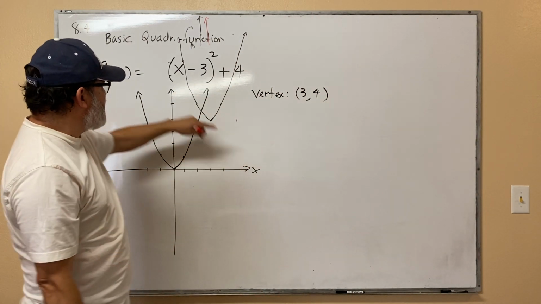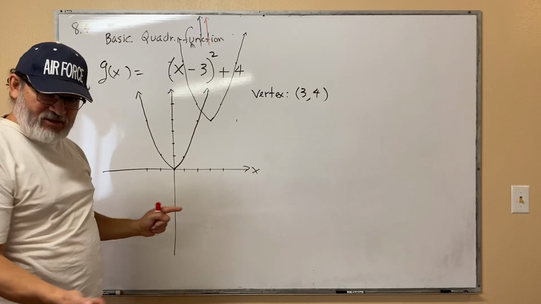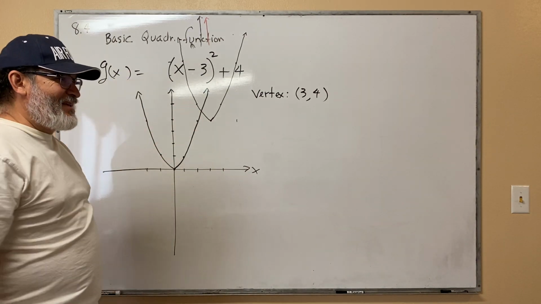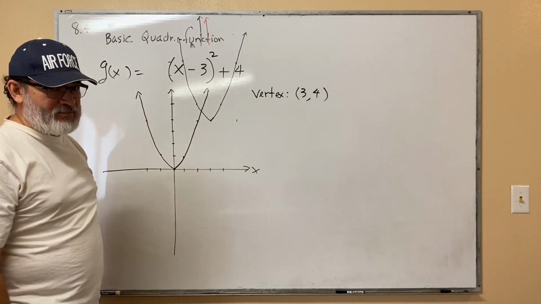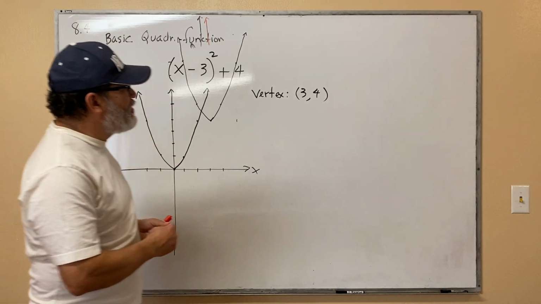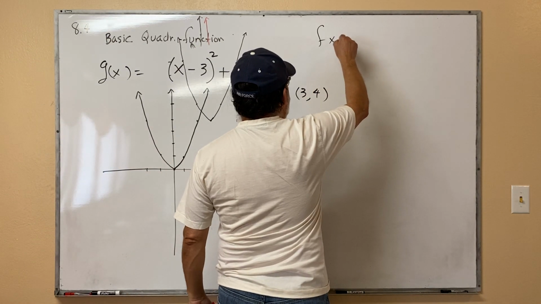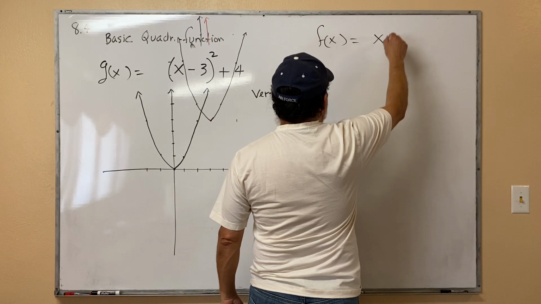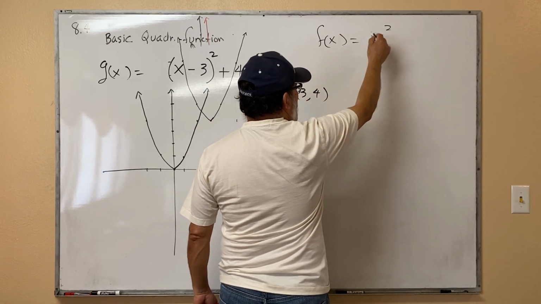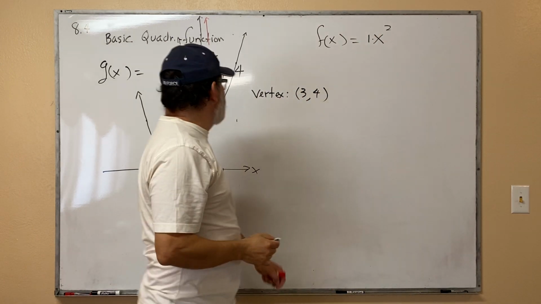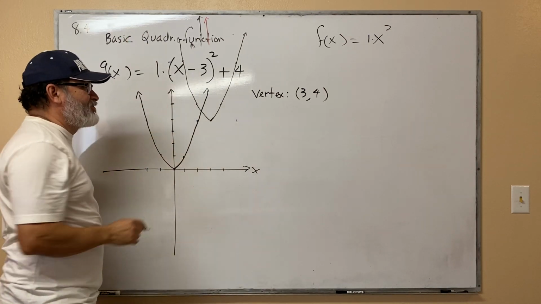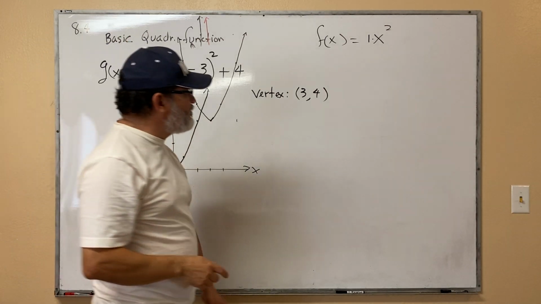No, it wasn't, because this coefficient is positive. It opens up. And it is 1. Remember, f of x equals the basic parabola squared. This is also 1 there. Same as this 1. Okay.